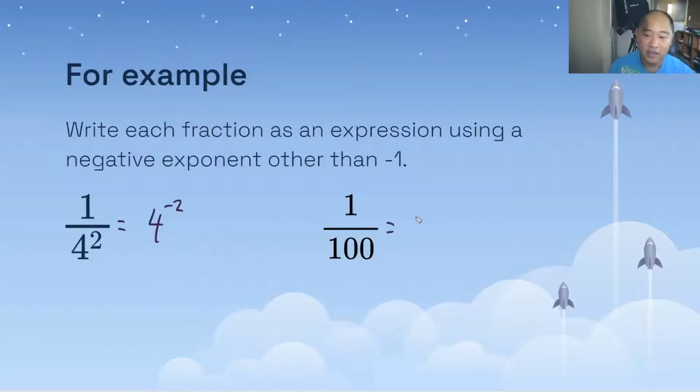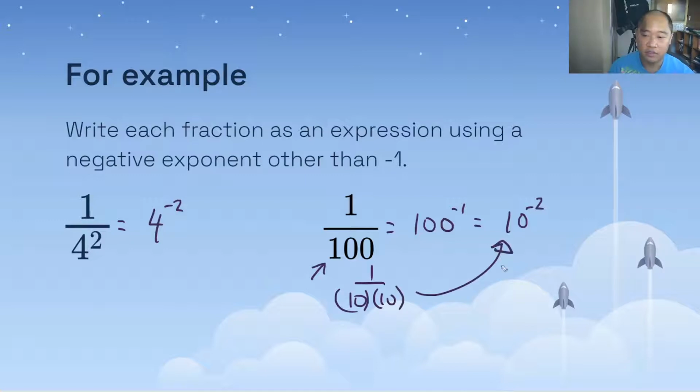And what it's saying is that they don't want you to write it like this, although you could, but they don't want you to. What they want you to do is write it like this: 10 to the negative 2. Okay, so this is the same thing as 1 over 10 times 10, right? Which is the same thing as this.